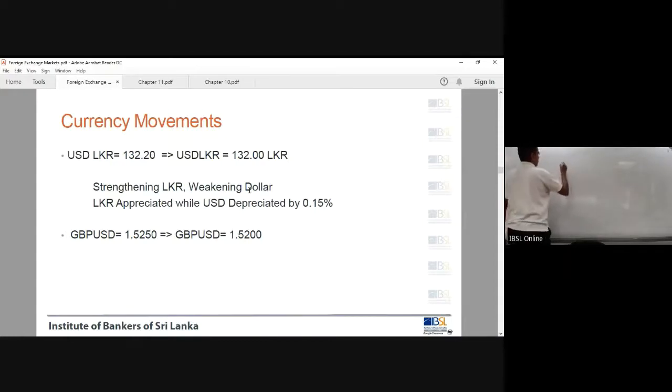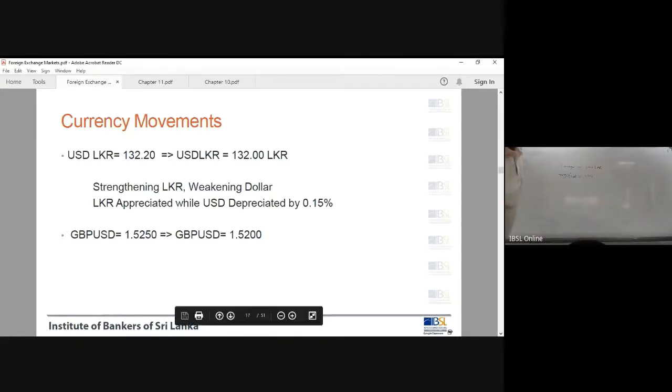Say the price of a mango last month, 1 mango, is say 100 rupees. In other words, mango against rupee is 100. So what is the base currency?